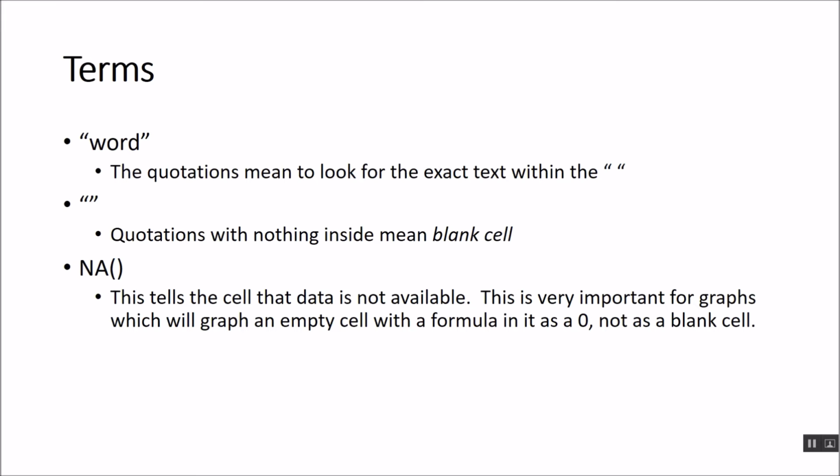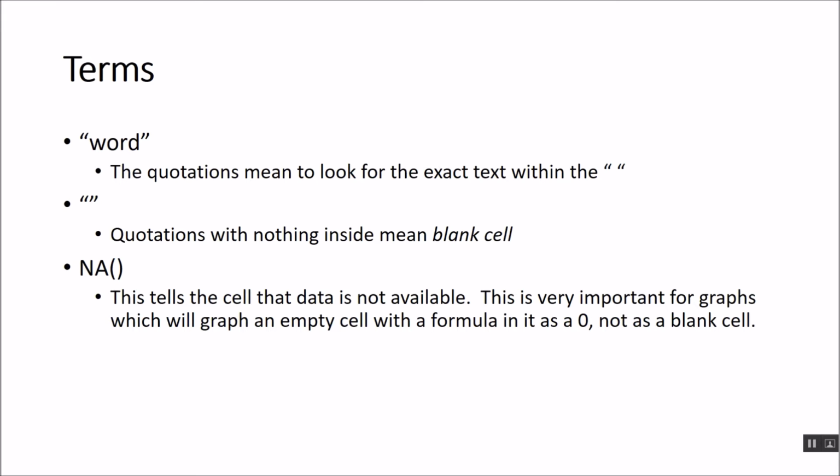The first thing is a word or symbol in quotation marks. This tells the formula to look for exactly what is within the quotation marks. So if I have a list of words and one of my words is word, having these quotation marks with word in between, it's going to tell the formula to look for exactly that.